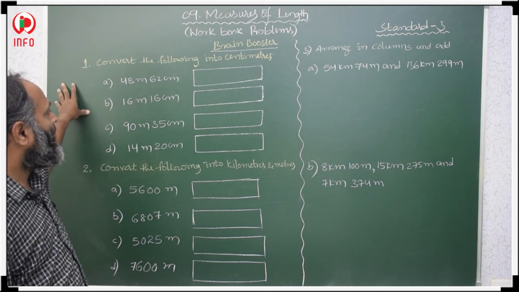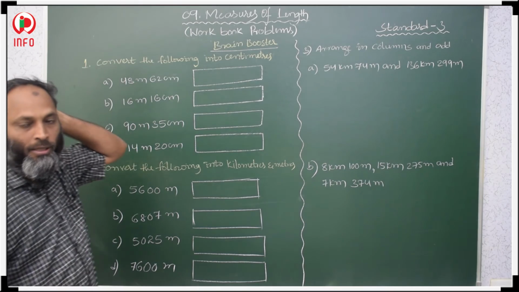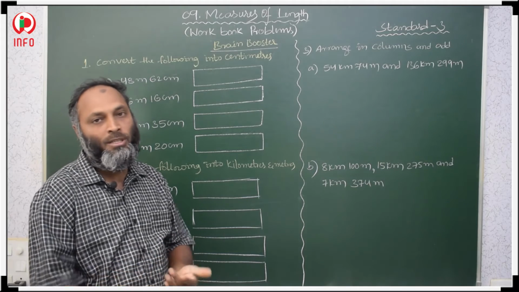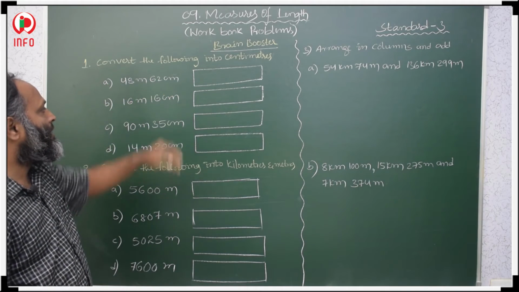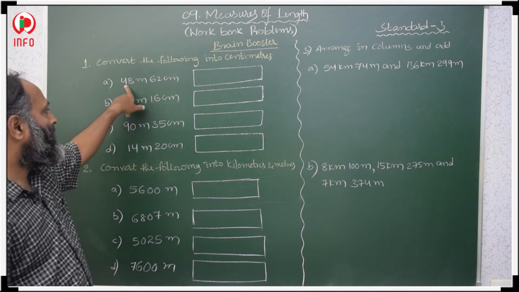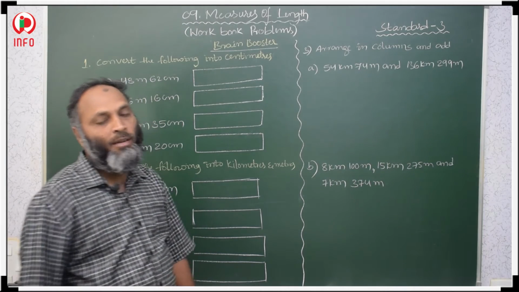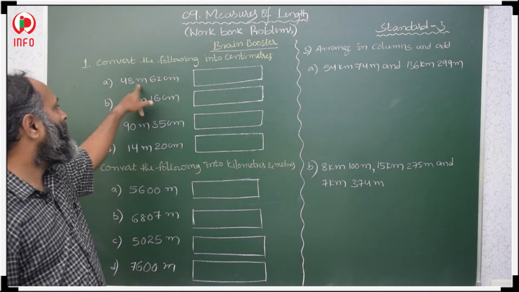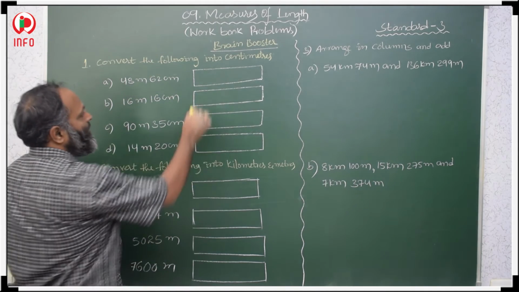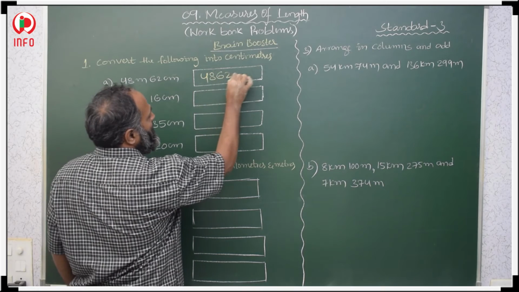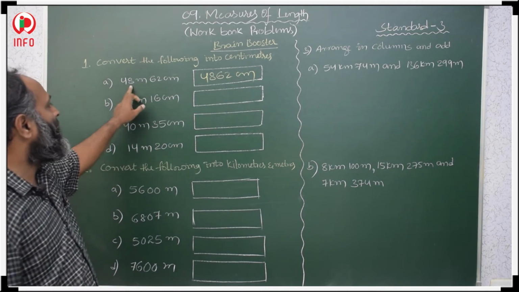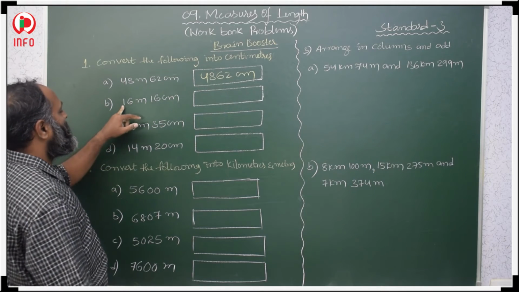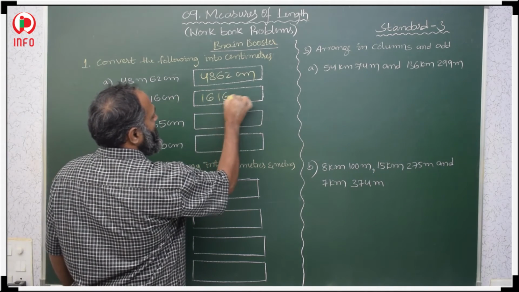Now, convert the following into centimeters. This we have to convert into centimeters. These questions are from Brain Booster. See here, 48 meters and 62 centimeters. How to convert meters into centimeters? 48 into 100, so 4800 plus 62, that is 4862 centimeters. Now 16 meters 16 centimeters means 1616 centimeters.